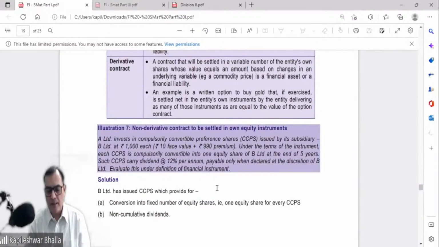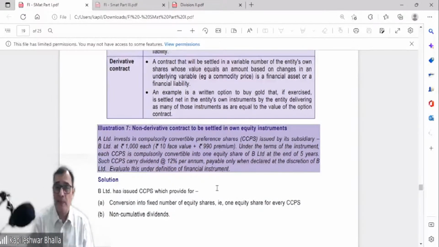Don't worry, you're going to get a little familiar with these terms as well, because of my chart number 4 and chart number 5, which is still pending. With that, you'll be able to understand that there are different kinds of instruments. A company would issue a CCPS, compulsory convertible preference share, or CCD, compulsory convertible debenture. Then you can have an OCPS, optionally convertible preference share, or OCD, optionally convertible debenture. The terms are very simple.